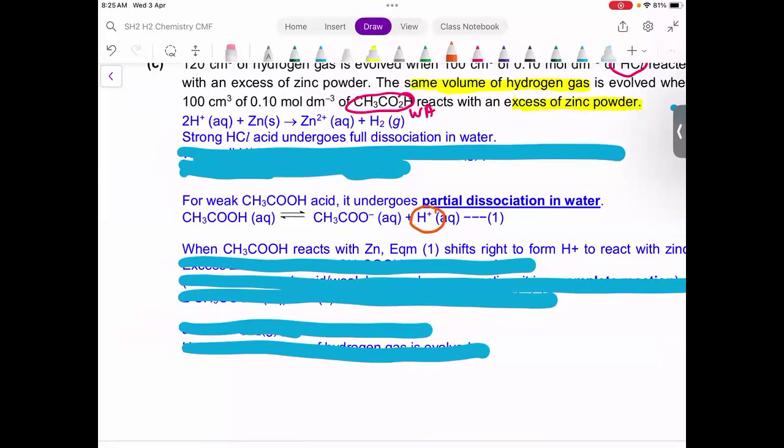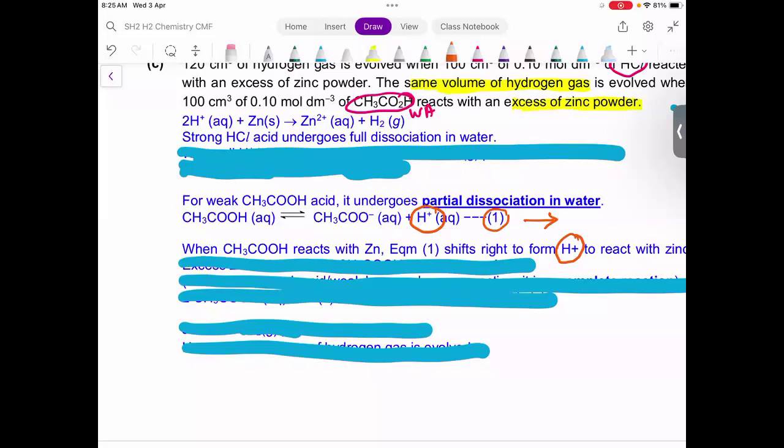Why so? Yeah, according to Le Chatelier's principle, as your H plus is being removed as it reacts with the zinc, the position of this equilibrium will move forward.